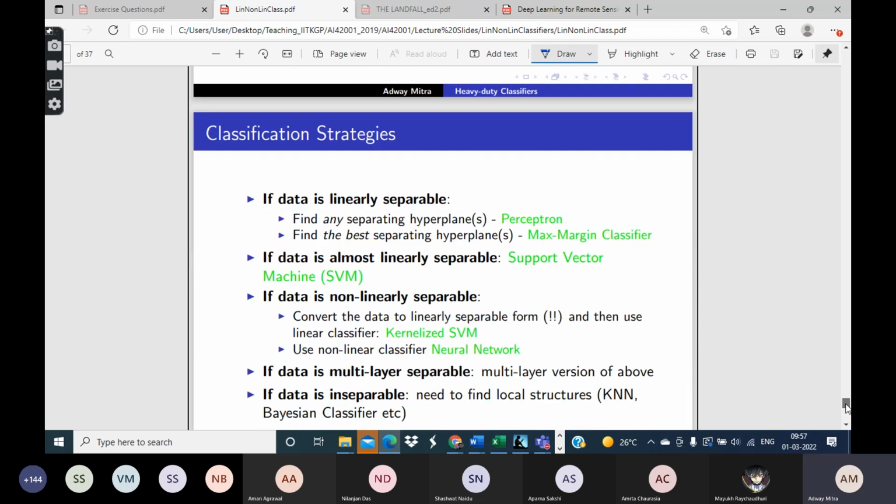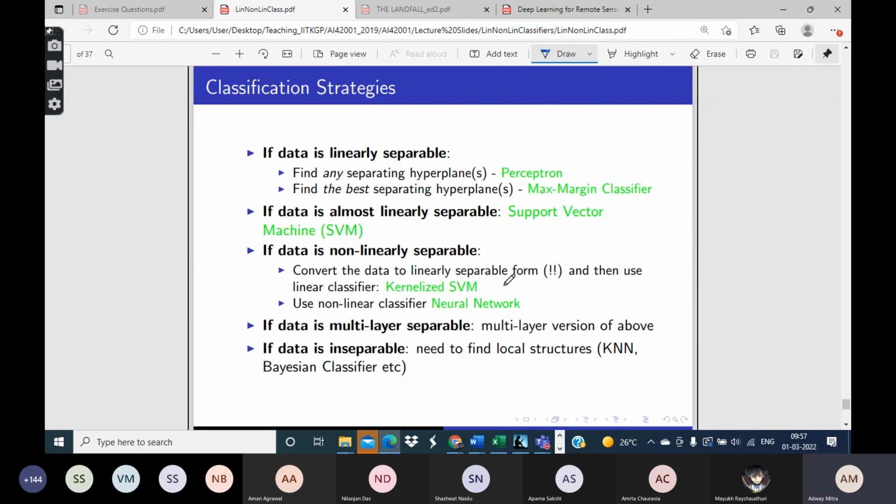So what we get here is known as the kernelized SVM, and this is a very powerful method if the data is non-linearly separable. In fact, till the advent of deep learning, the revolution of which started in the year 2012, the kernelized SVM was considered the most powerful algorithm for complicated tasks like object recognition in images.